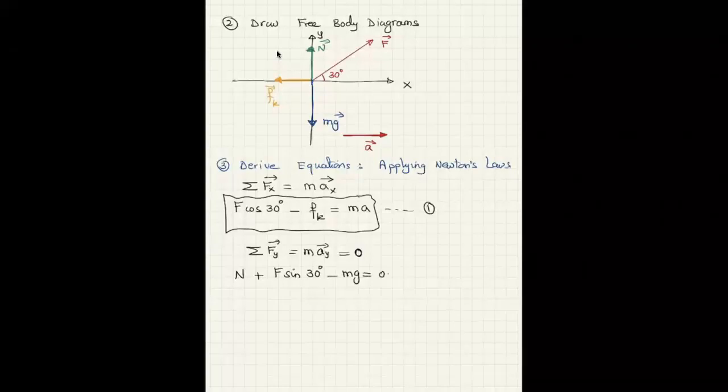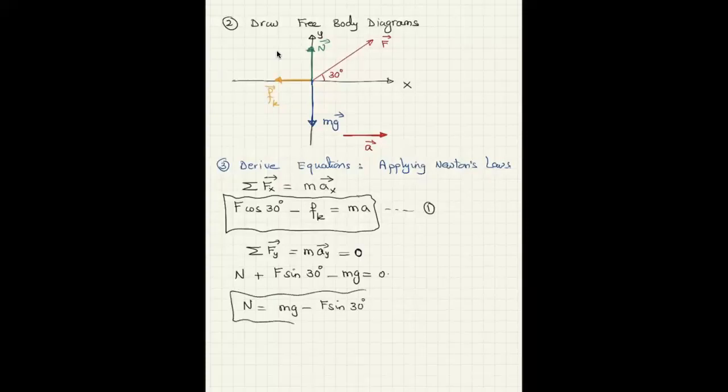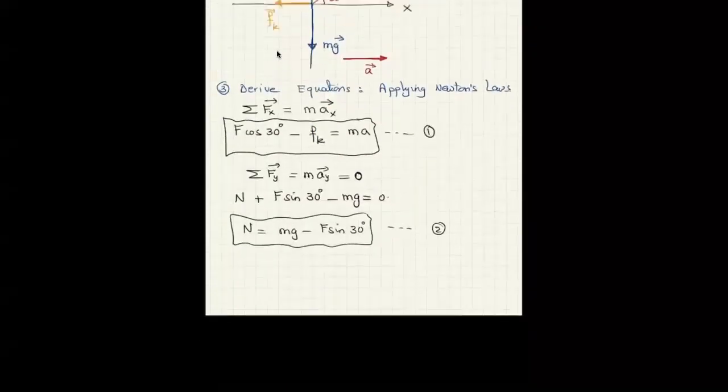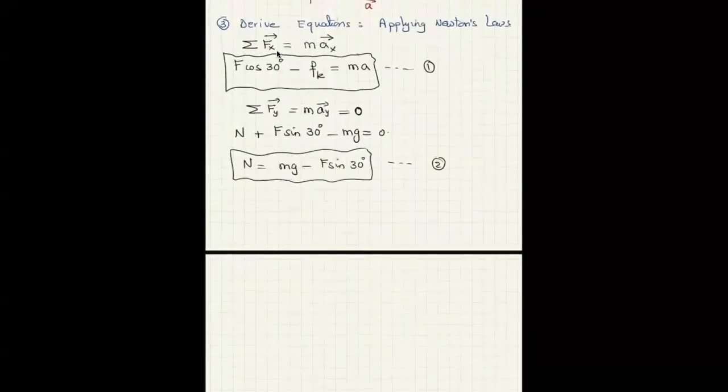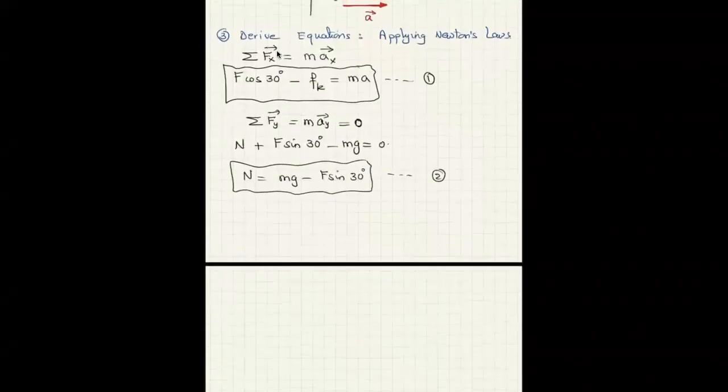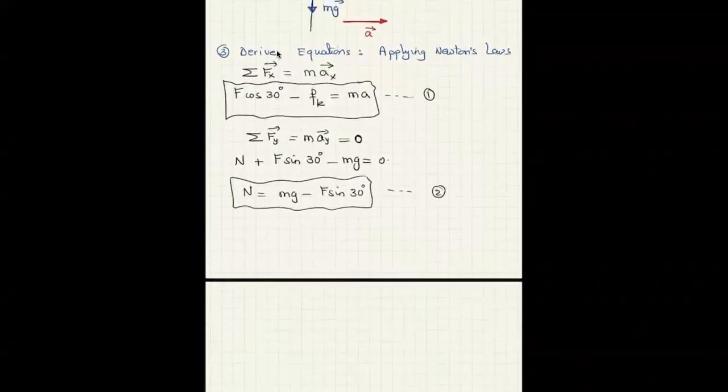This is one of the cases that I was talking to you about, that the normal here might be less than what? Less than the weight. In these problems where I have friction, I need to calculate the normal.